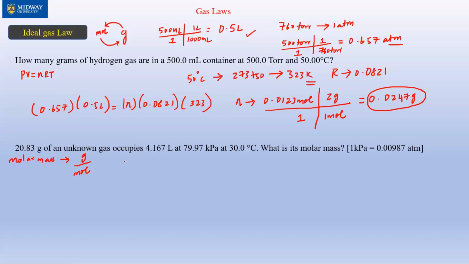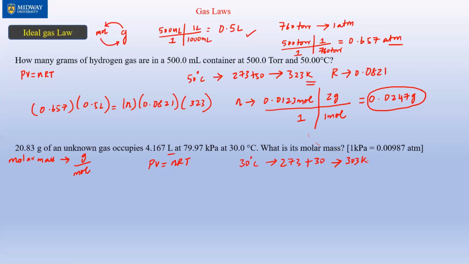Right away, we know pressure, volume, and temperature, so we need to use the ideal gas law. Volume is already in the correct unit, liters. Temperature is 30 degrees, so that's 273 plus 30, which is 303 Kelvin.